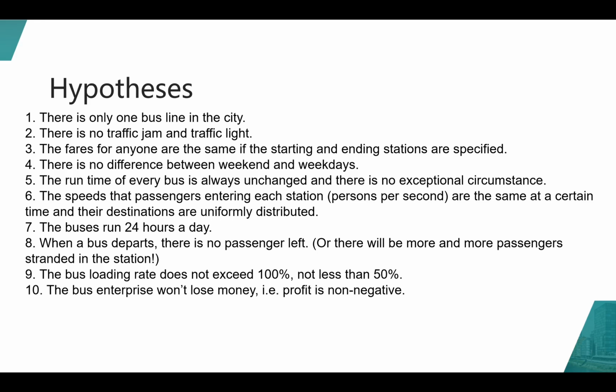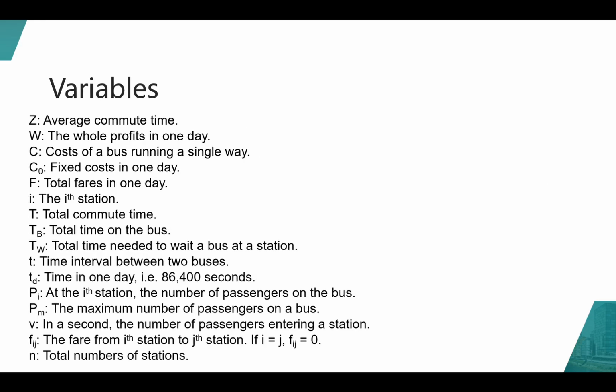For example, the bus loading rate does not exceed 100% and is not less than 50%. The bus enterprise won't lose money. In other words, the profit is no less than zero, and the speeds at which passengers enter each station are the same at a certain time and their destinations are uniformly distributed.